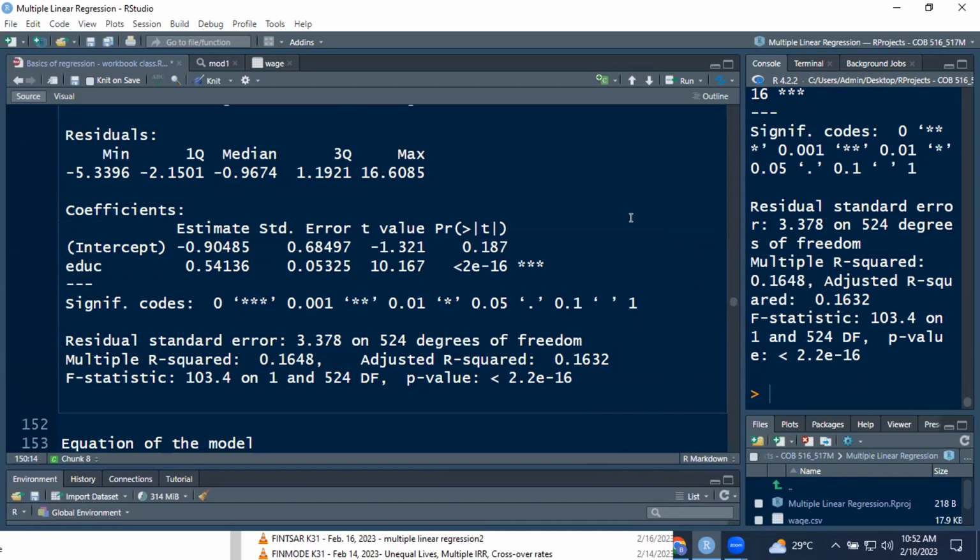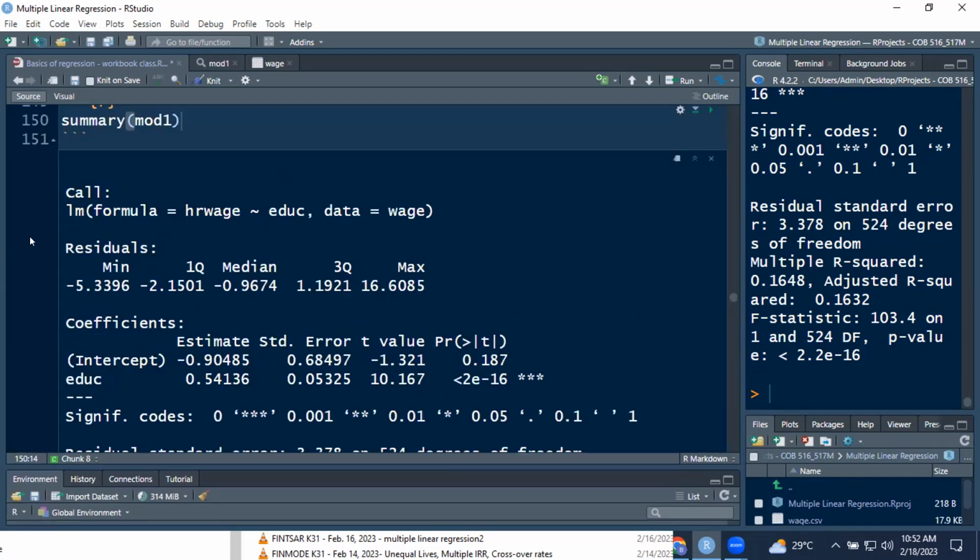So this is the whole output of your regression. Tingnan natin ha. First is the formula: hourly wage regressed on education using the data wage. And then here you have the 5-number summary of the residuals. Makikita natin dito na ang minimum is negative 5.33, ang maximum 16.6. So may mga values na medyo nasa taas, kasi mataas yung maximum.